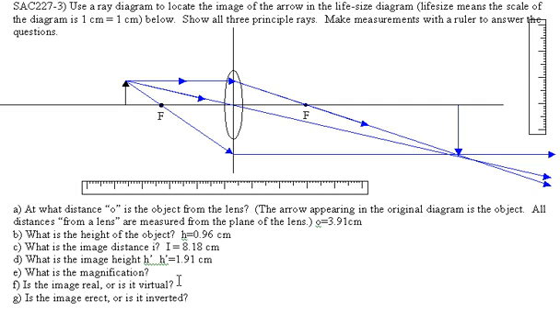And what's the magnification? The actual value of h prime is the negative of that, because it's upside down. The convention is, if it's upside down, you put a minus sign in front of it to signify that it's upside down. So I've got a minus sign there.